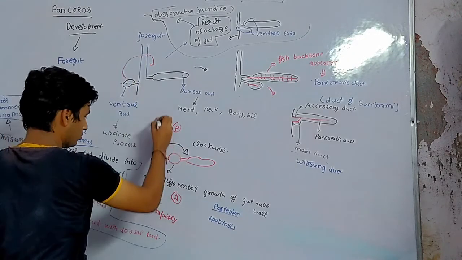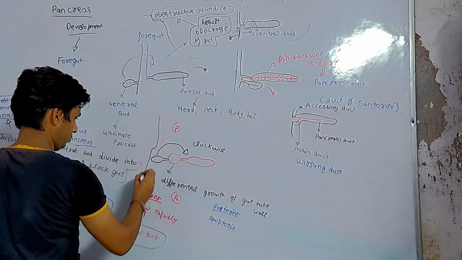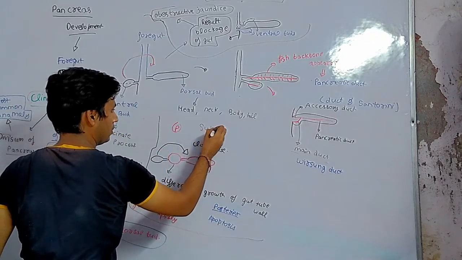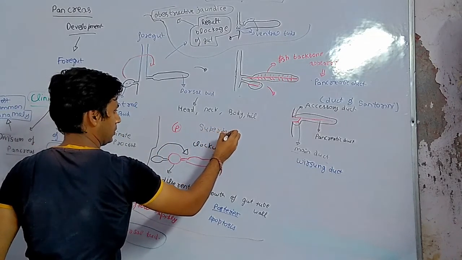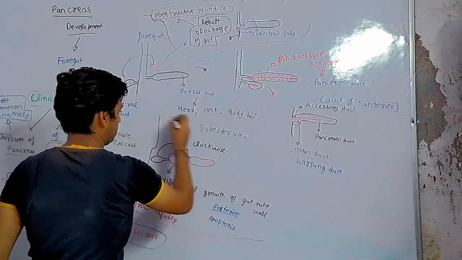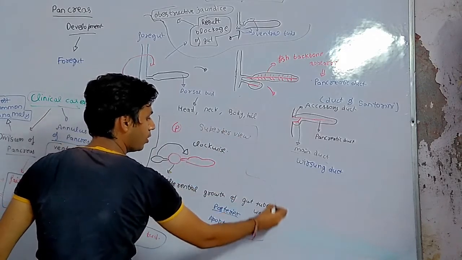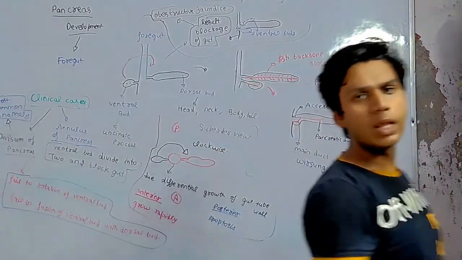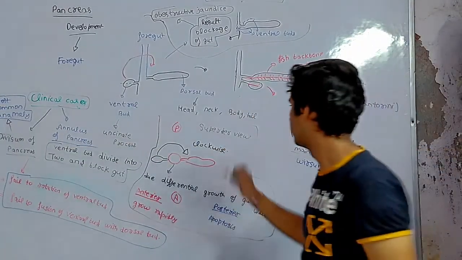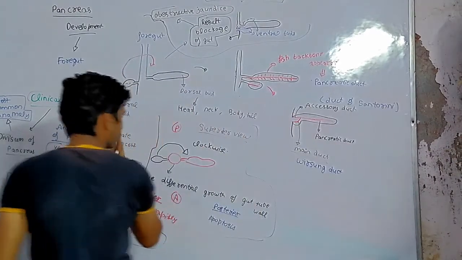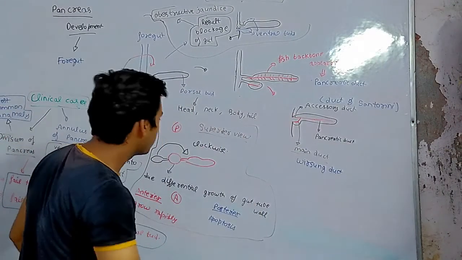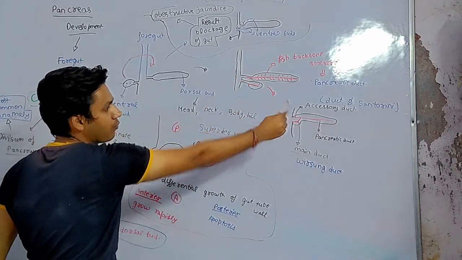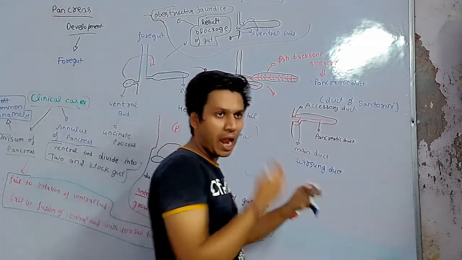This is the superior view. The bud rotates normally posteriorly, but due to annulus of pancreas or division, some anomaly can be present. In the superior view, this rotates and the bud ducts fuse and form the complete pancreas.